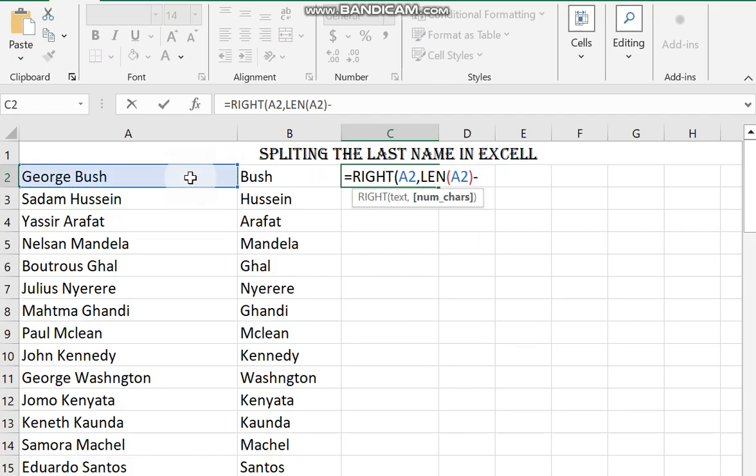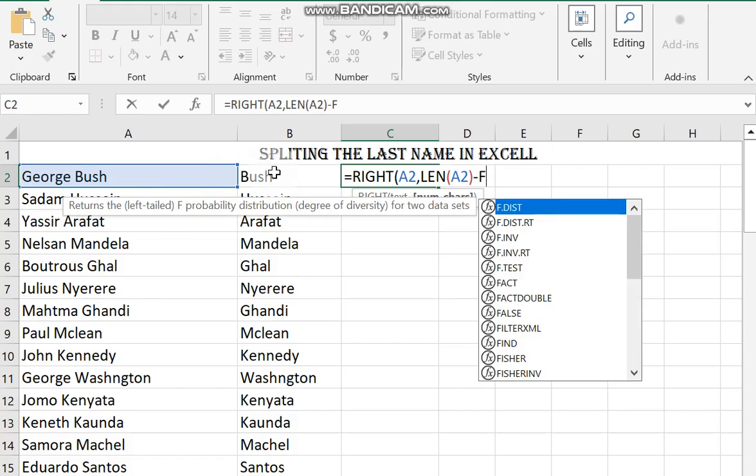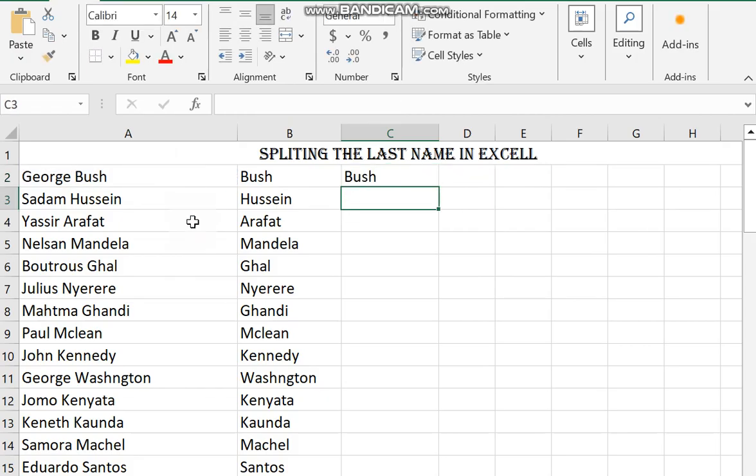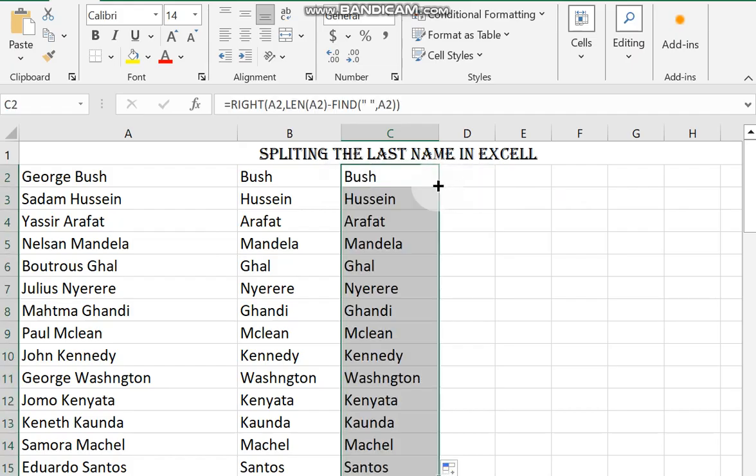Then you have to subtract the distance from first name to space. FIND space in this word. Press enter. This is over with the surname.